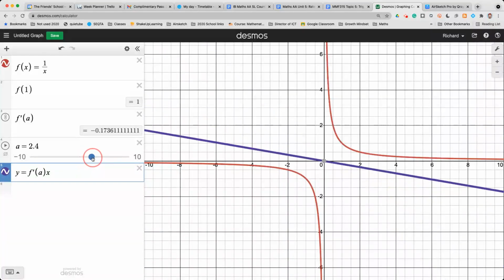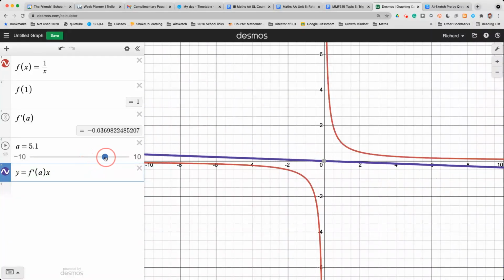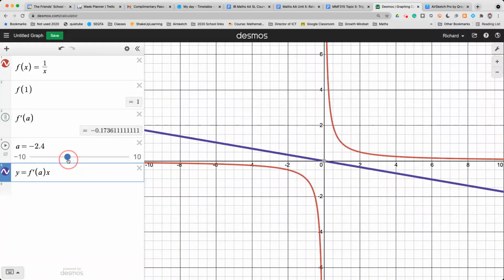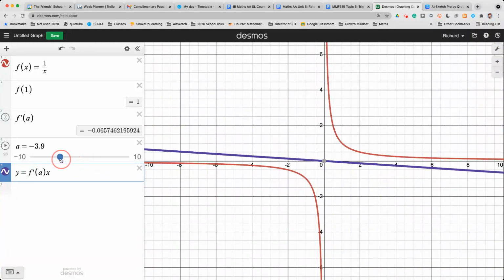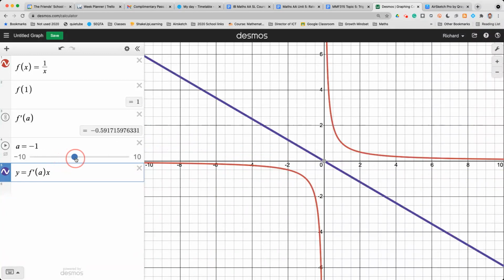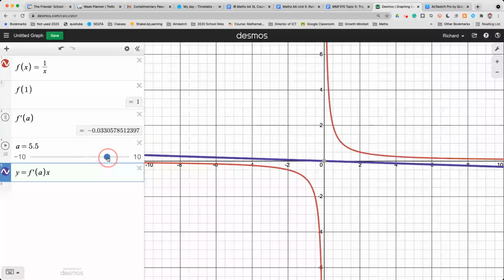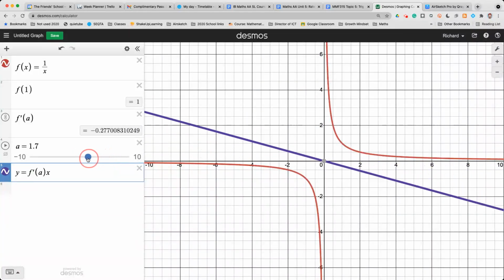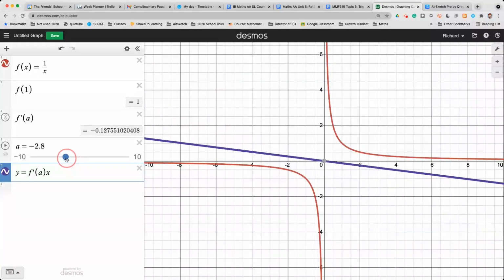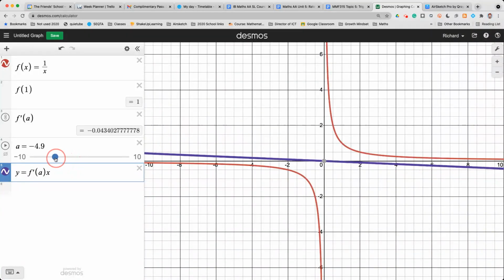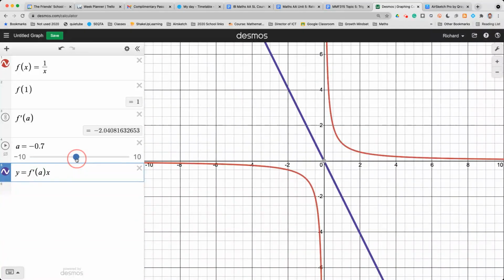And as I move, we can see it's getting flatter or steeper or changing direction. Good so far?